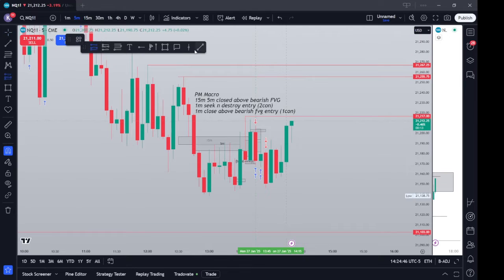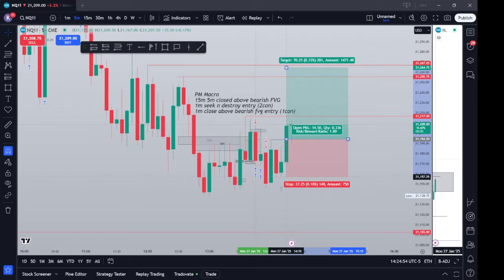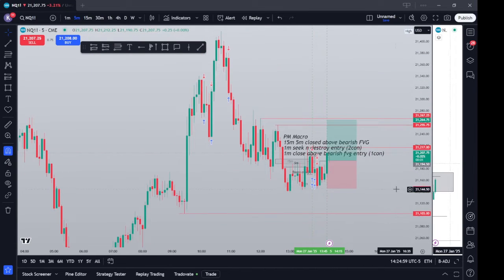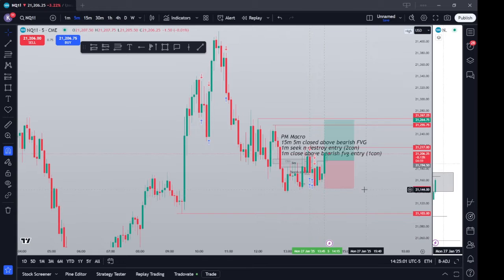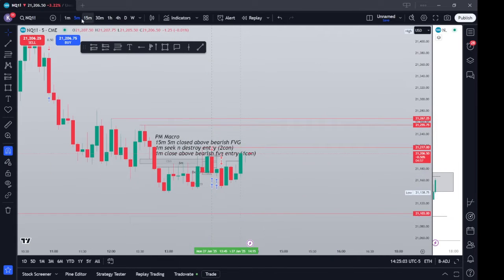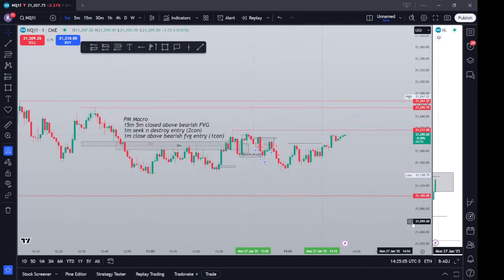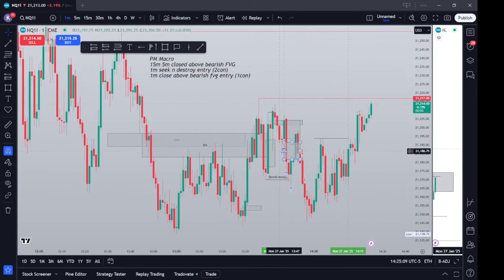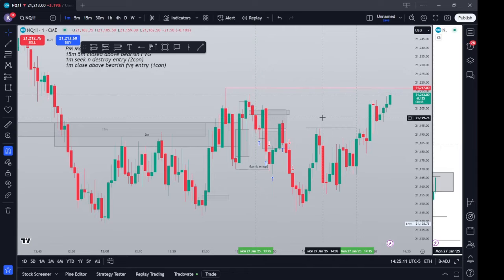I've been learning about breaks of structure more from TJR, which I'm open about with everyone who I learned from. So I really like that new entry. I like that it's something I can add, something that works for one, and something that can get me better entries for two.